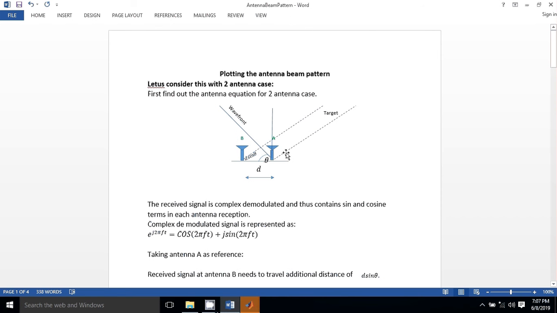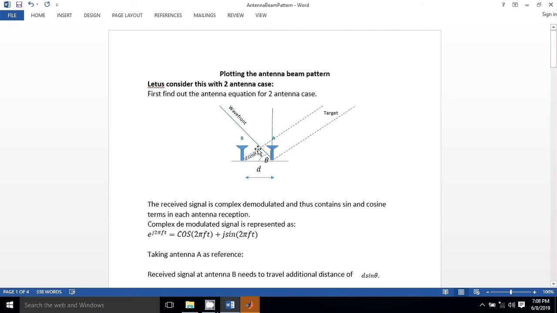The signal received at antenna B will have some delay, and that delay will depend on this angle. If these two antennas are separated by a distance of d, then this distance is d sine theta. If this is d meters, this is d sine theta meters.